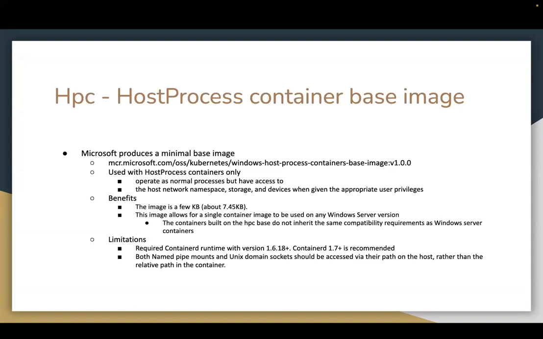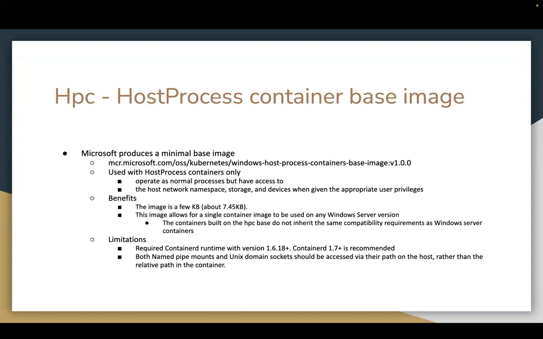So if we switch to HPC, some benefits include, firstly, the image size is very small. The base image is only a few KB. I have tried to put the image on my local setup, and in the Docker registry, I can see that the image was only about 7.45 KB.